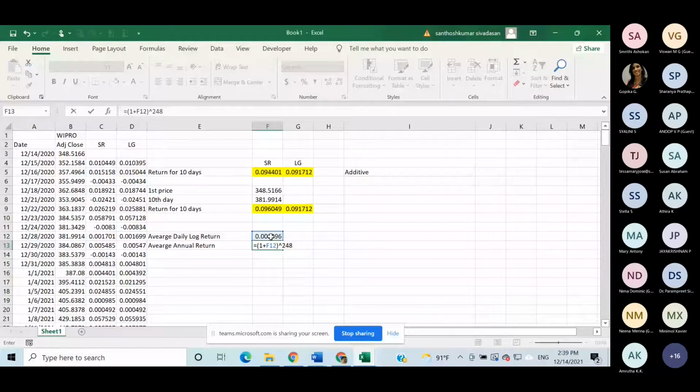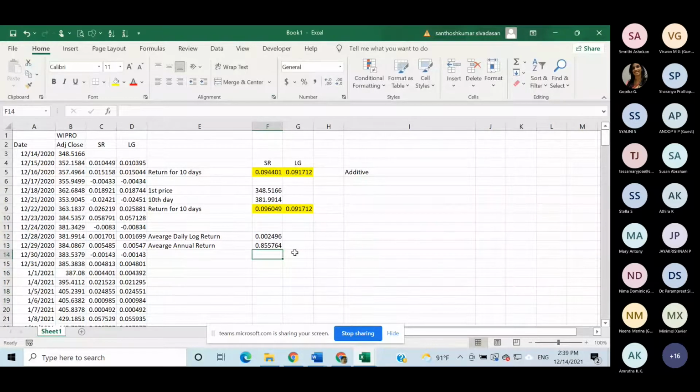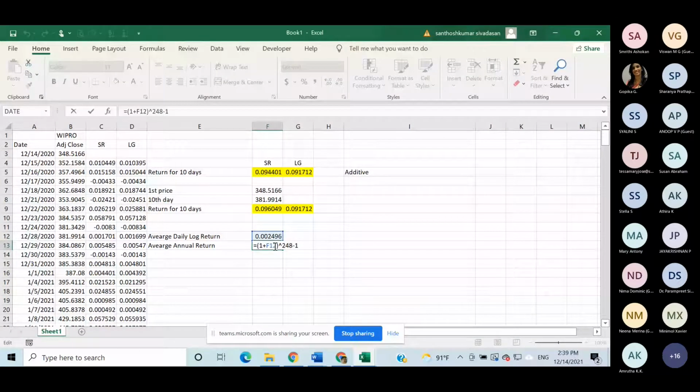So it is 0.85, which means 85% is the annual return of Wipro, last year's data.